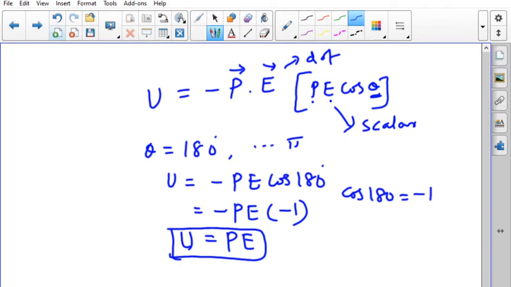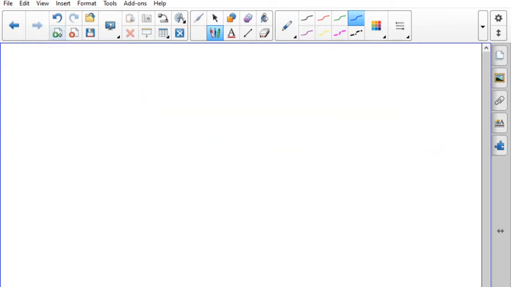Potential energy is maximum when the dipole is aligned anti-parallel. There is a word, anti-parallel. When it is anti-parallel, theta is 180 degrees. Then when will it be minimum? When the dipole is aligned parallel. In that case theta becomes 0.